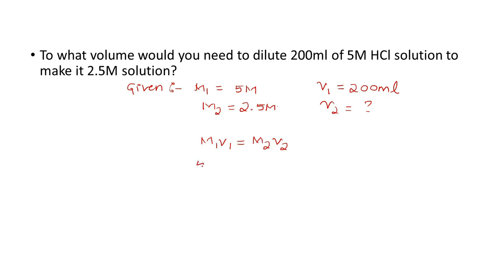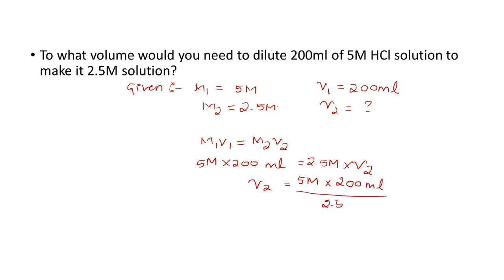Next, M1, 5 molar, into 200 ml is equal to M2, 2.5 molar, into V2. So V2 is equal to 5 molar into 200 ml divided by 2.5 molar. So the answer is 400 ml. How do you prepare the solution then?